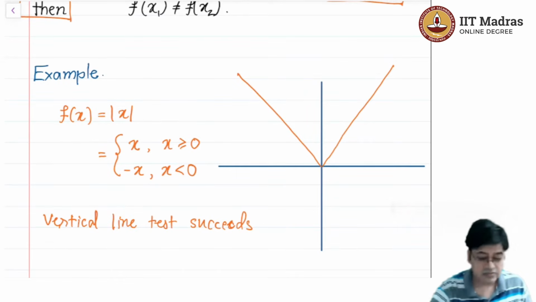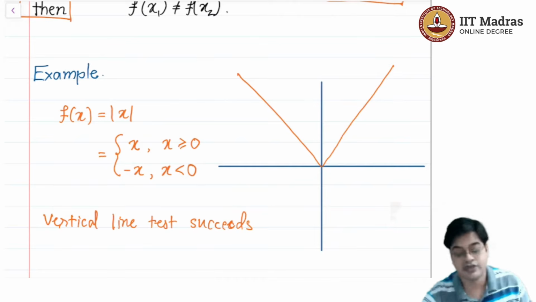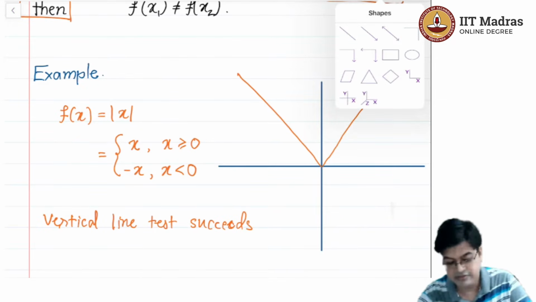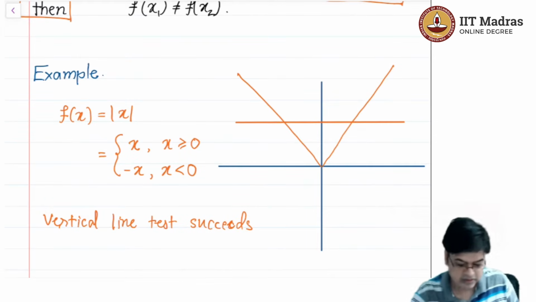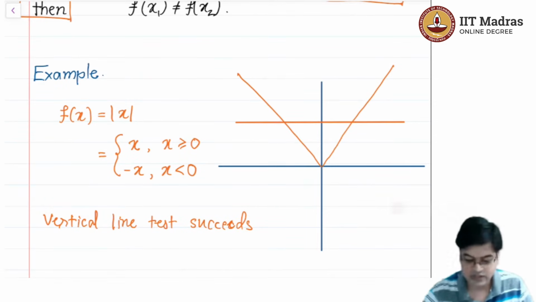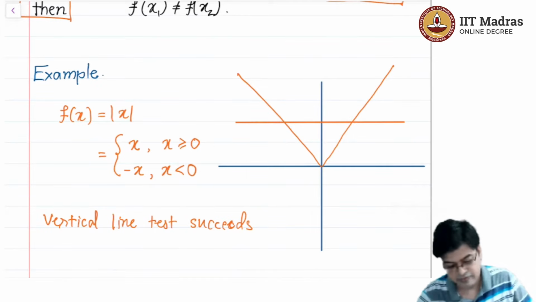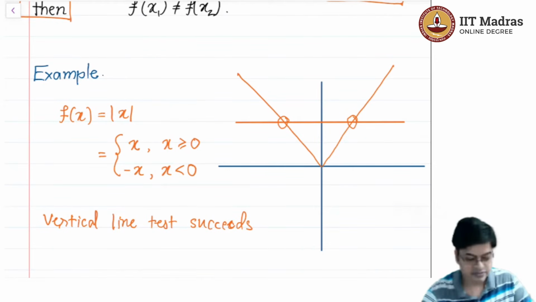Okay. Now the question is, is the function one-to-one? Right? So you pass a horizontal line. So let me pass one horizontal line somewhere. Let us take this horizontal line. Now is the function one-to-one? For x1 not equal to x2, I got the same f(x).